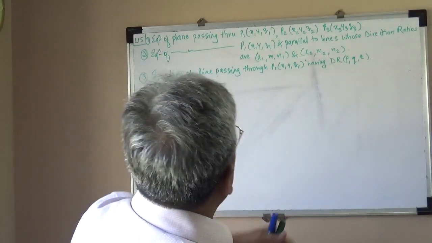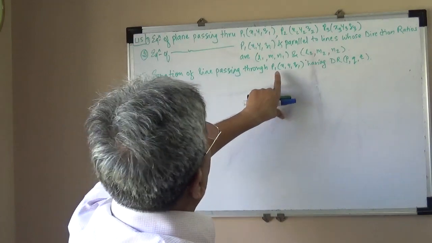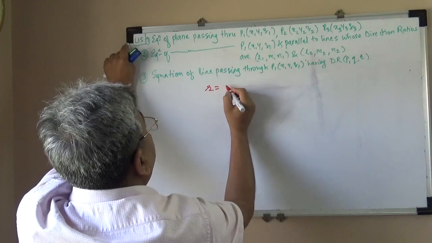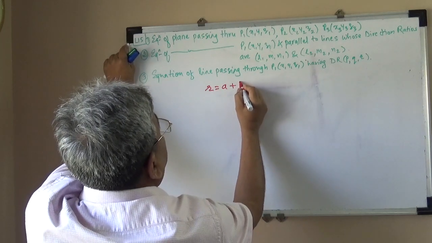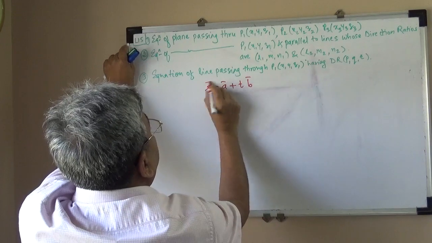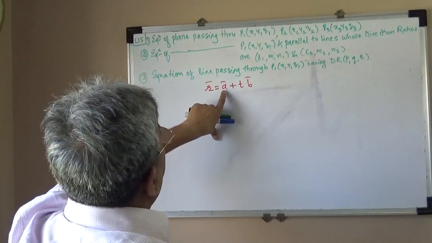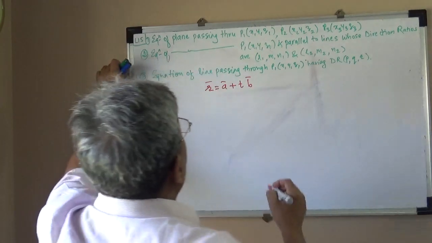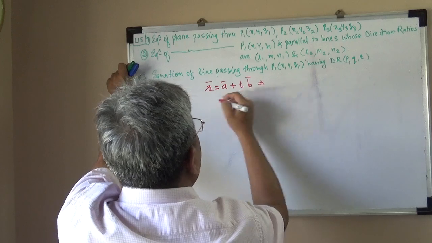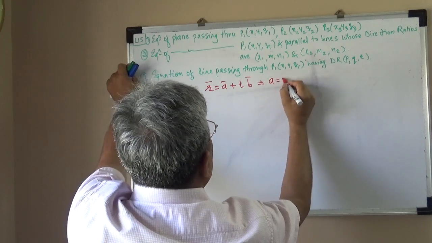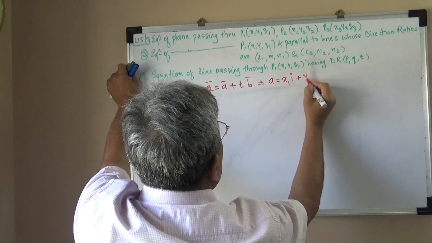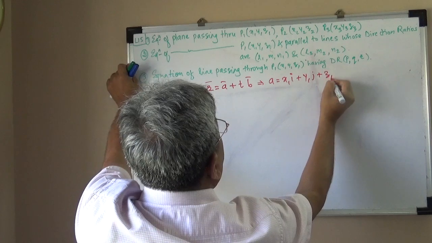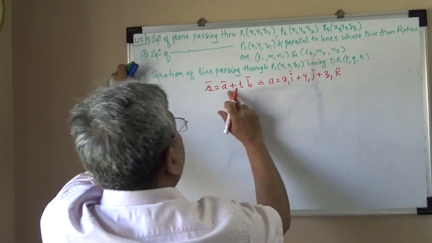Now, equation of line passing through P1 having direction ratios. We remember r equals a plus t times b was our equation of line. Now it is passing through a and is parallel to b. That is what our understanding was. So in relation to this, our a is going to be x1 i plus y1 j plus z1 k.